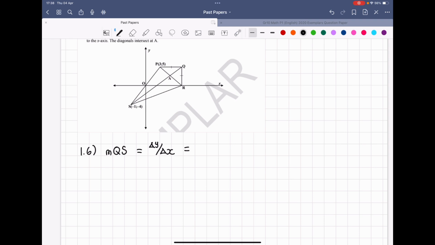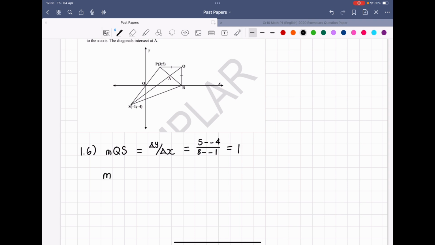And that's going to be the y value of q minus the y value of s. So y of q is 5, minus the y value of s. And then the x value of q was 8 minus the x value of s. These are the other way around. This one, the y value is minus 4 and the x value is minus 1. And I get 9 over 9, which is 1.